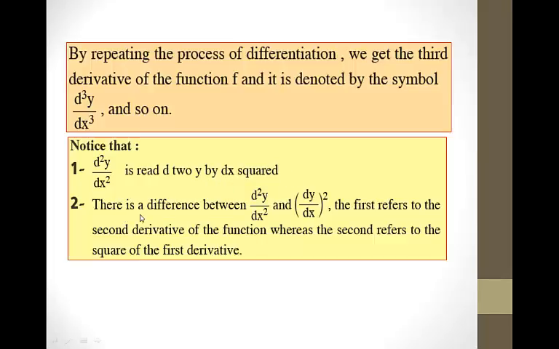There is a difference between d2y by dx squared and dy by dx all squared. The first refers to the second derivative of the function, whereas the second refers to the square of the first derivative.